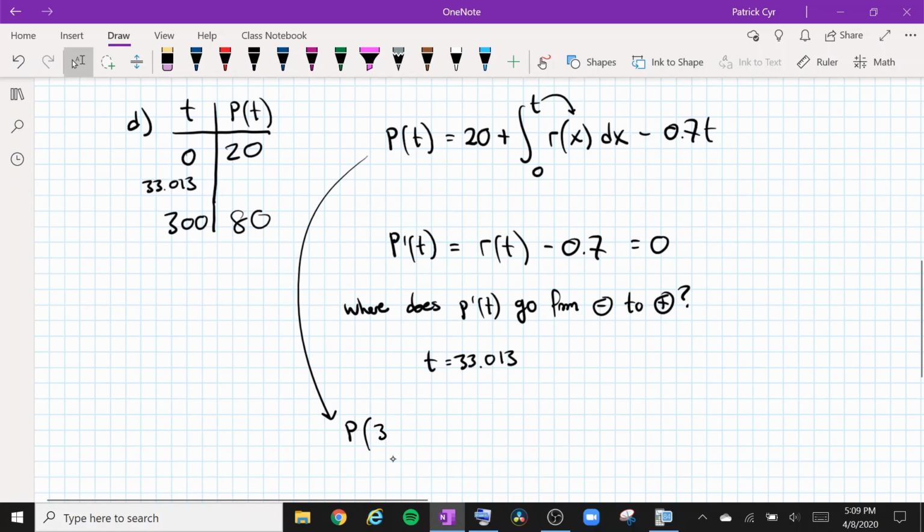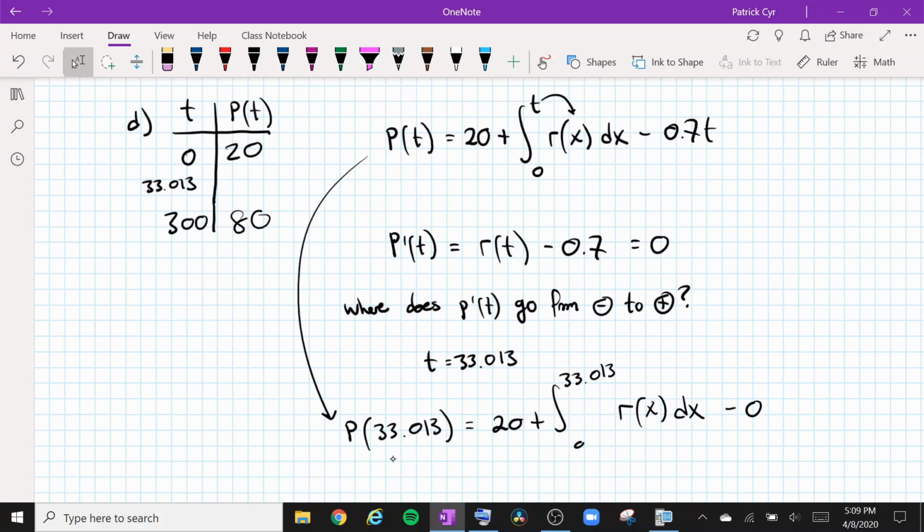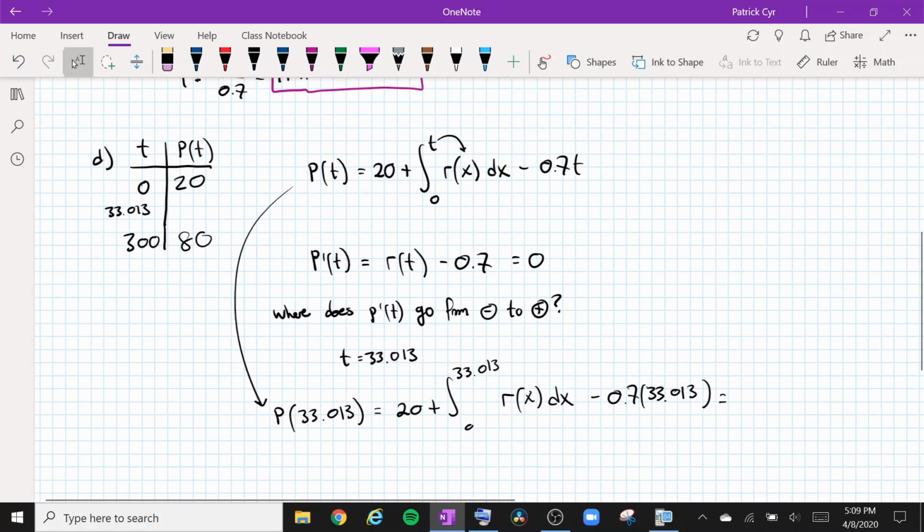So p of 33.013 is equal to 20 plus the integral from 0 to 33.013 of r of x dx minus 0.7 times 33.013. Okay, and we're going to compare this to the endpoints. If you plug that in, you get 3.803. And so this is less than 20 and 80, and so this is going to be our answer here.